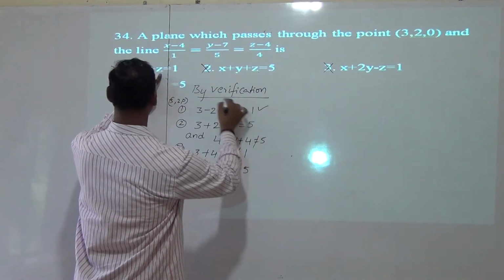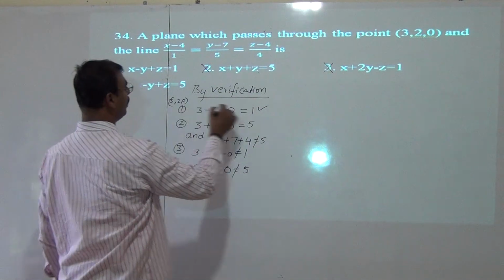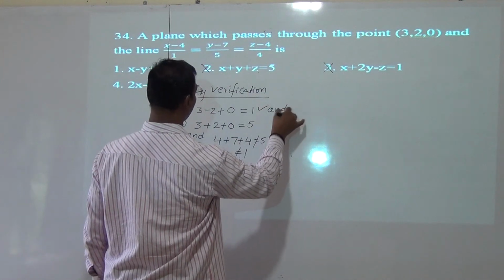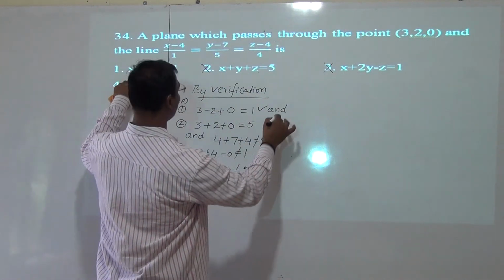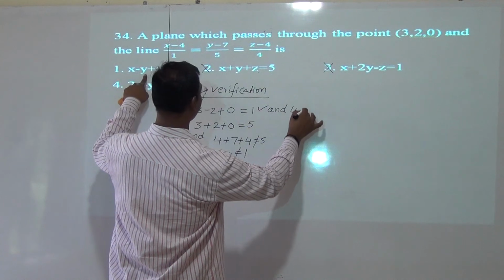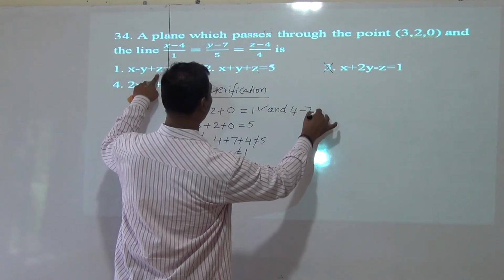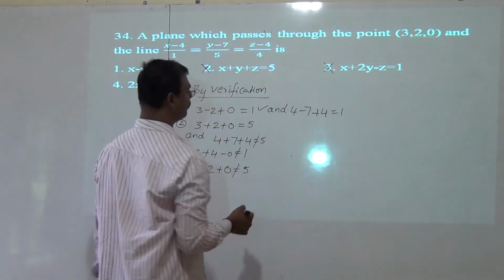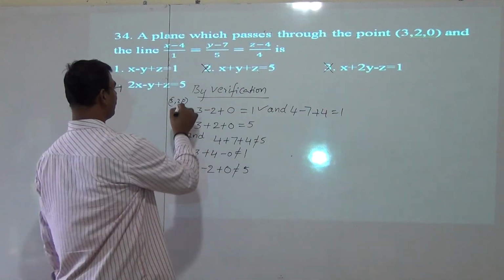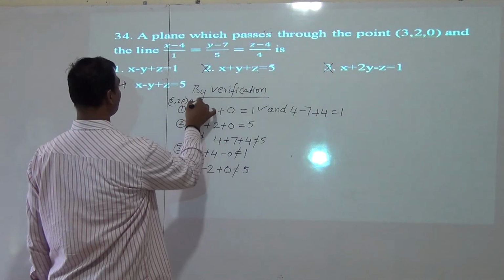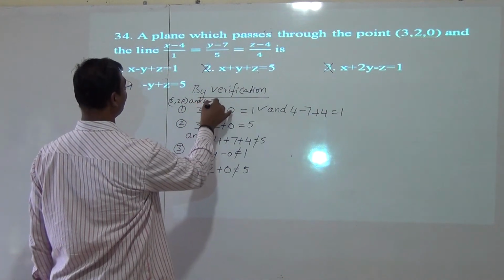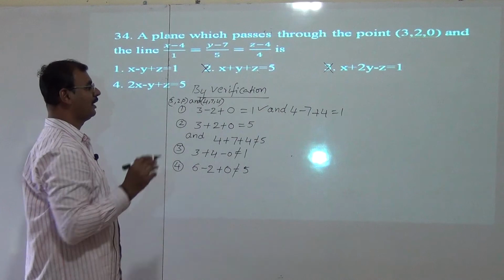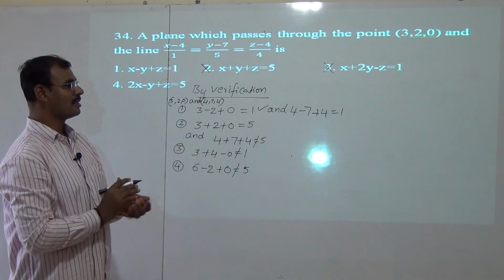So it is satisfied. First option satisfied. And also substitute the other point: 4 minus 7 plus 4 is equal to 1. At the points (3, 2, 0) and (4, 7, 4), here also it is satisfied.